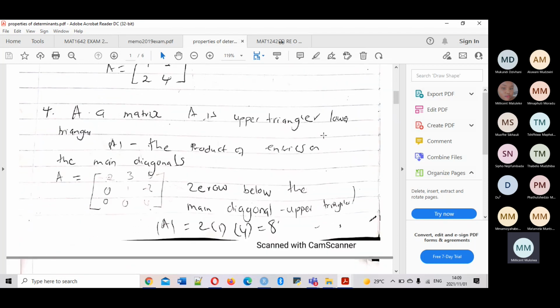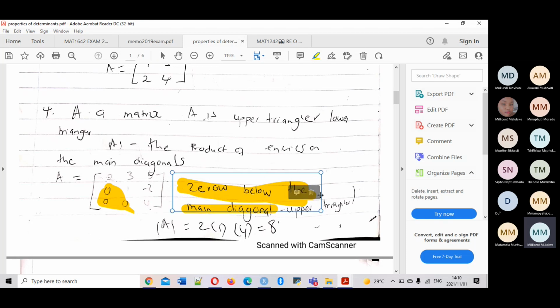If matrix A is an upper or lower triangular matrix, that's what we were using now to solve that. So in this one, if under here we've got the zeros, this is 0. It's an upper triangular. If we've got the zeros below the main diagonal, it means that this is an upper triangular matrix.